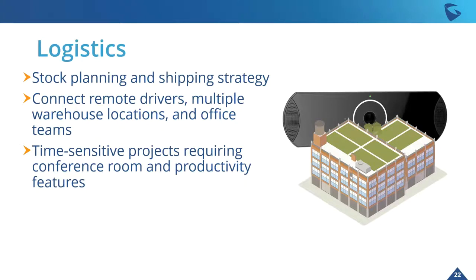From stock planning to shipping strategy, you can have multiple warehouses all come together. Especially in shipping and logistics, you have extreme time constraints. Being able to quickly set up video conferencing meetings and shorten the time it takes to complete projects has a big impact for customers.